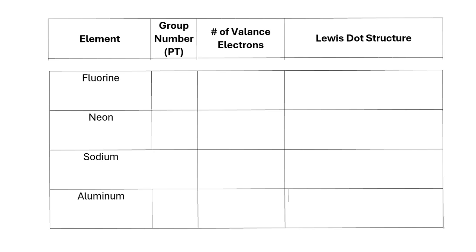We can practice more with fluorine, neon, sodium, and aluminium. Fluorine is present in group number 17, neon in group number 18, sodium in group 1, and aluminium in group number 13. So as you can see here, we are going to take the ones digit and we are going to draw. Once again, we are going to draw the symbol.